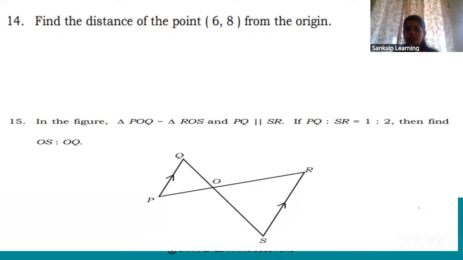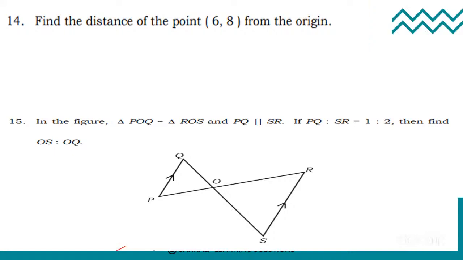Find the distance of the point 6, 8 from the origin. So from the origin, we know the formula, that is square root of x square plus y square. Yes or no?